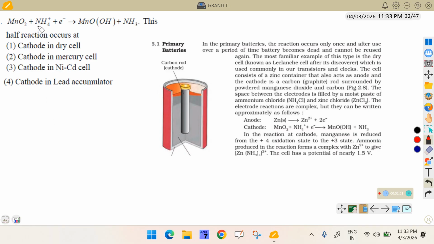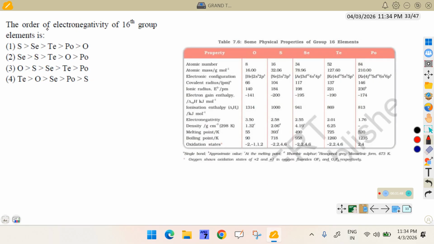MnO2 plus NH4 plus plus electron gives rise to MnOOH plus NH3. This reaction occurs at the cathode in a dry cell. Order of electronegativity of 16th group elements: oxygen greater than sulfur greater than selenium greater than tellurium greater than polonium.